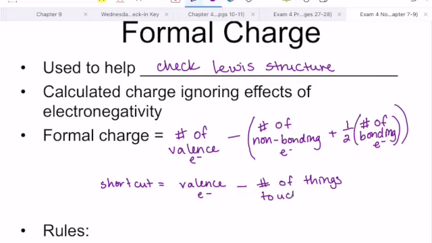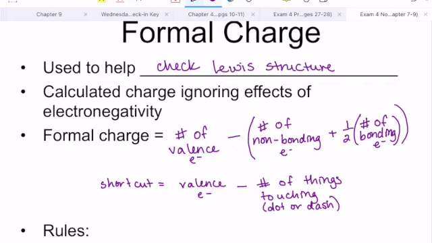And so this can either be a dot or a dash, and they count equally. Okay, so that's just how we write out the formula for it.